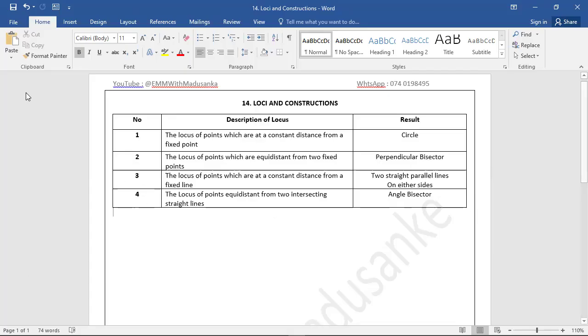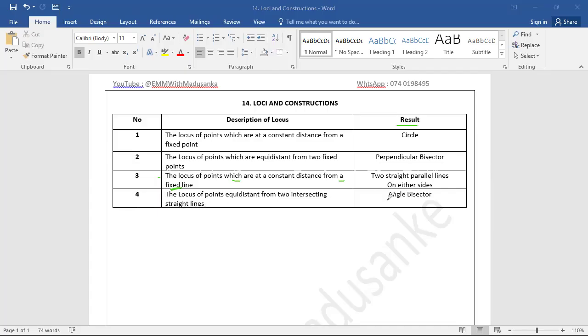They will ask to construct the locus of points which are at a constant distance from a fixed line, right? You need to remember the result. I need to construct two straight parallel lines on either side of this fixed line. Right. Fourth one, they might ask in the exam the locus of points equidistant from two intersecting straight lines.